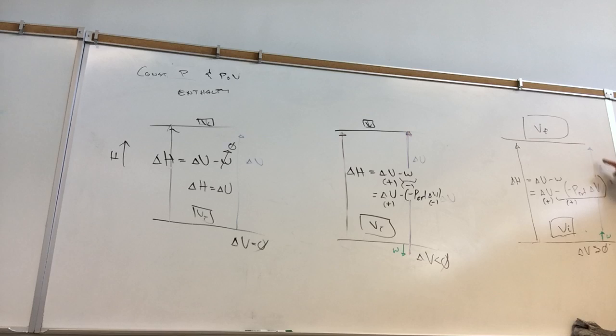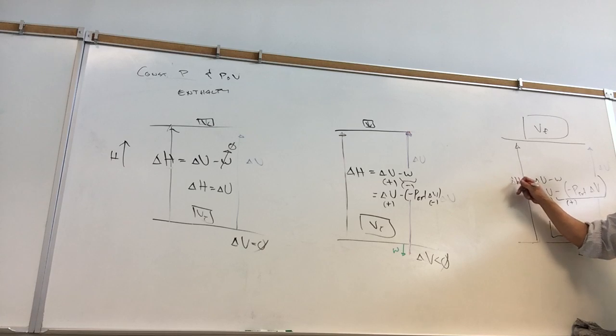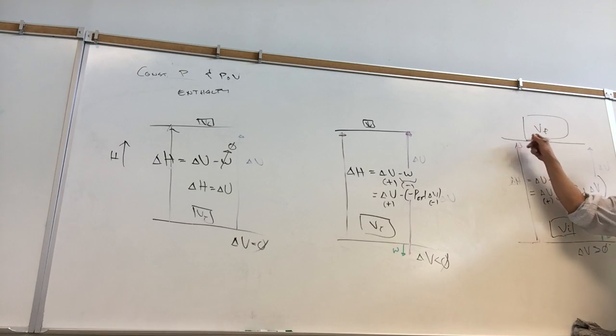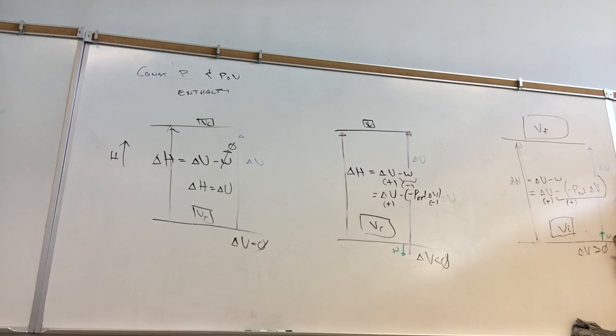So let's say it cost us 1,000 joules, we end up spending more than 1,000 joules because of the work that the system had to do. And this is the net. This is how much we have to spend. So we end up spending over 1,000 for this change because of the extra work that we had to add to the 1,000 here. Okay, does that make sense?